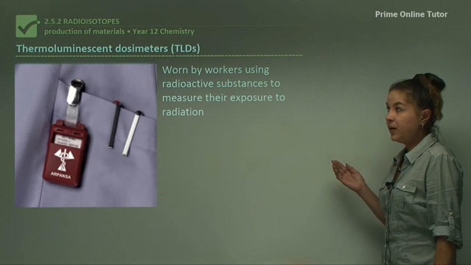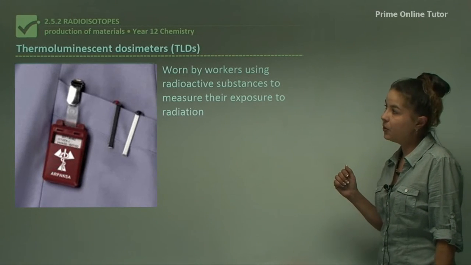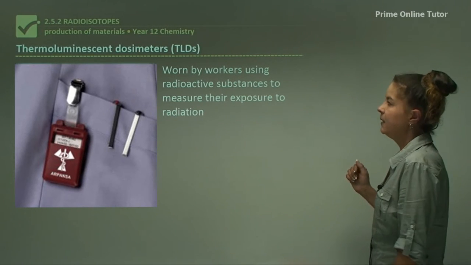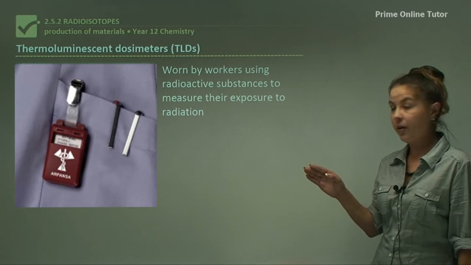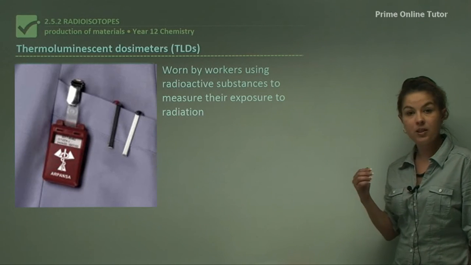Another way of looking at radiation is the use of TLDs, thermoluminescent dosimeters. It's very similar to the photographic film, and it's worn by workers that are using radioactive substances to measure their exposure.